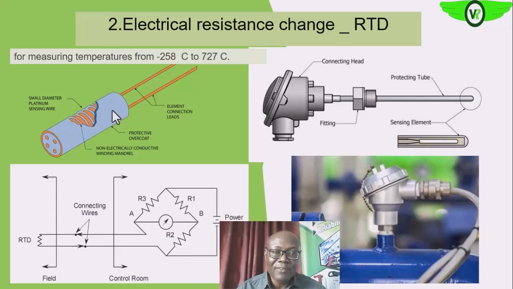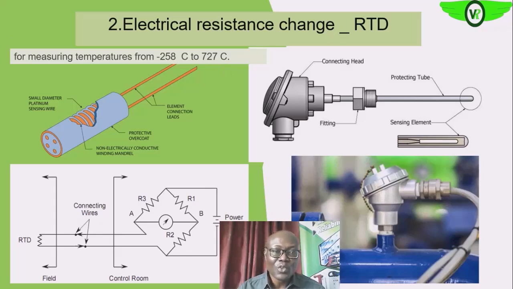So here we have an example of it. So you see the resistive material, it is made up of platinum wire. So this platinum wire, once it is heated, the resistance will do what? It will change. So you see the range of temperature that you can use, it is a very wide range, from -258 from the cryogenic region to a very high temperature of about 727 degrees Celsius or centigrade.